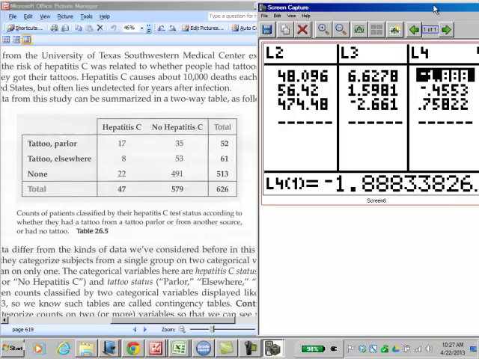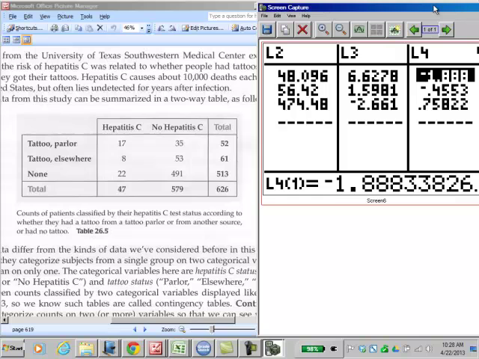This one got hepatitis C and went to a tattoo parlor. That number, that 6.6, means you are way more likely to get hepatitis C from a tattoo parlor than in any of these other cells. In other words, think of this like standard deviations.